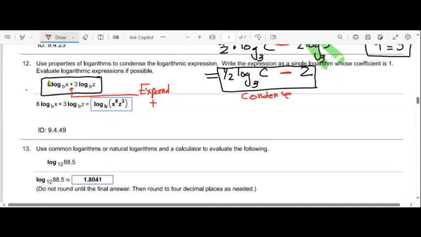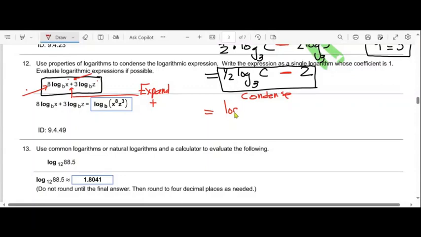Okay. So what about this 8? Do you see the 8? Where do I put the 8? We can put it on the other side, on the power of the x. Yes. Where do I put the 3? In the other power, the power of z. So your answer will be as follows. Watch carefully.